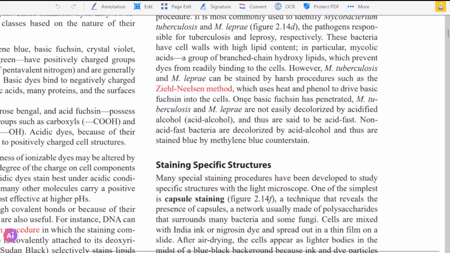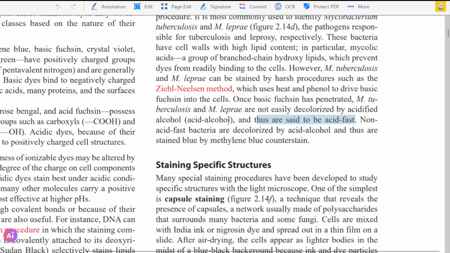Once basic fuchsin has penetrated, Mycobacterium tuberculosis and Mycobacterium leprae are not easily decolorized by acidified alcohol. Again, we do the washing process for this, but the dye is so penetrated inside the cell that it is not easy even for the alcohol to bring out that dye, and thus they are said to be acid fast.